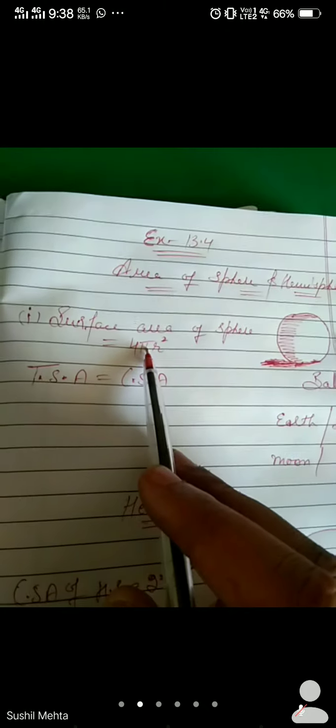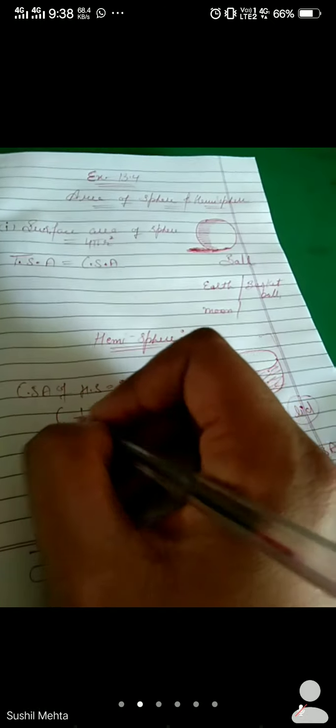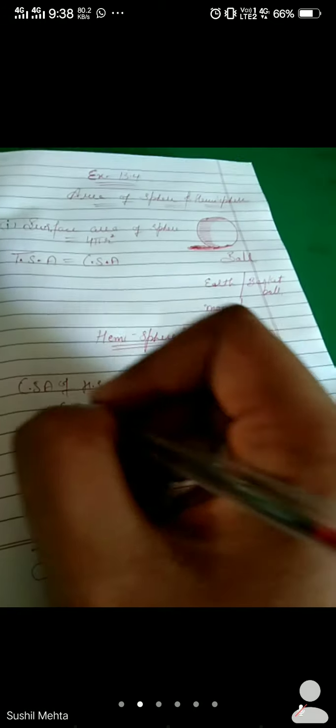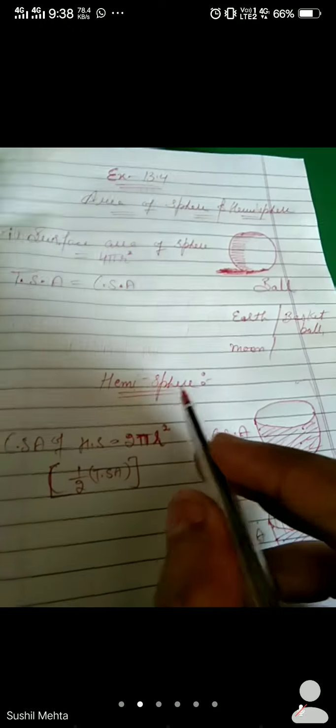Just half the total surface area of a sphere. Clear? This is the formula of curved surface area of a hemisphere.